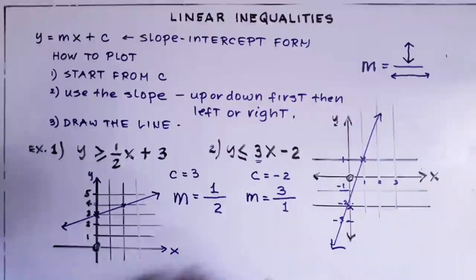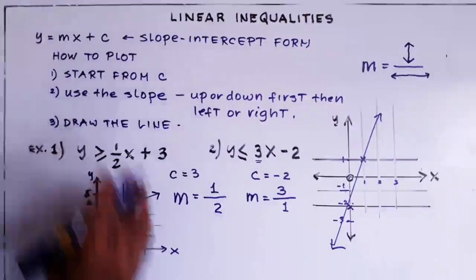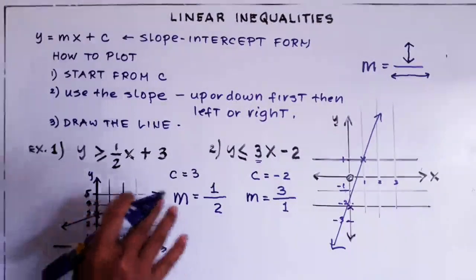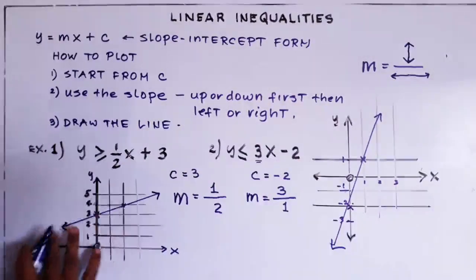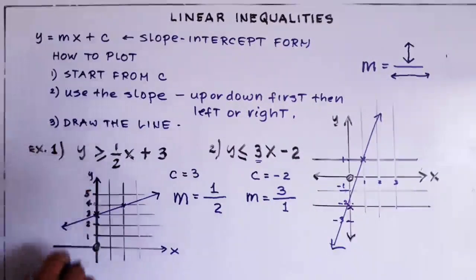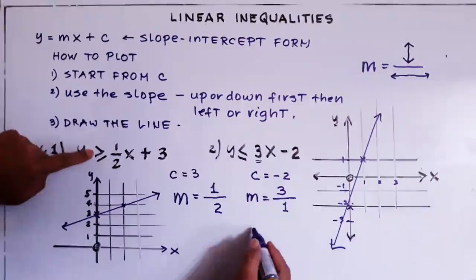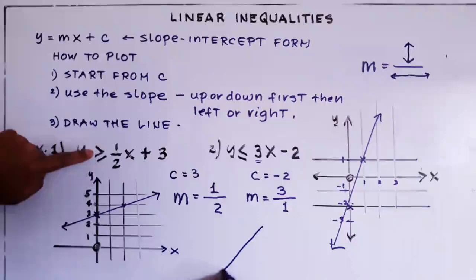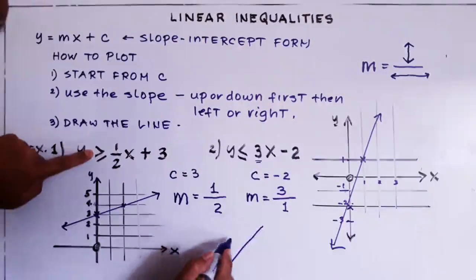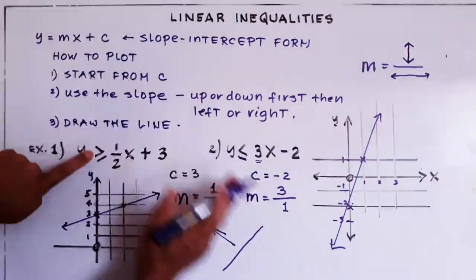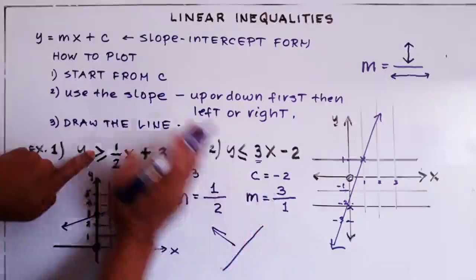Now let's go back here. We are not yet through. We learned only how to plot. It's just like linear equation, as if we are reviewing our linear equation. Now let's go back. This one is greater. Now remember class, if you have a line like that one, the upper part is this one, because it's going here, up to the sky.